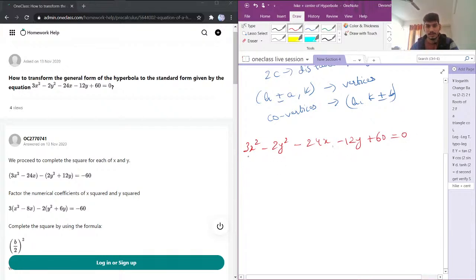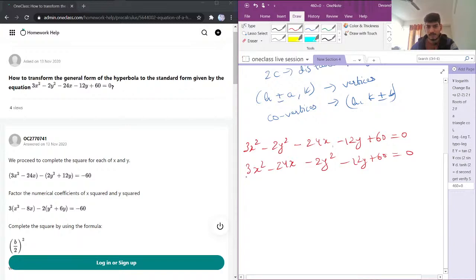First, I will separate the x terms and y terms, because I need to complete the square for this conversion. So 3x squared minus 24x, minus 2y squared plus 12y, plus 60 equals 0.